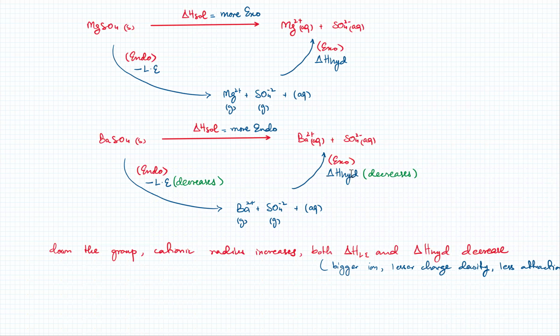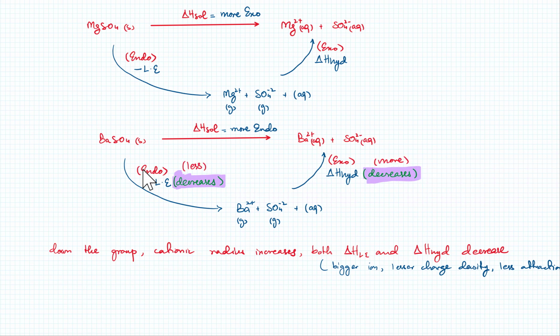But since your enthalpy of solution is becoming more endothermic, and since both of these values are decreasing, the lattice energy as well as the enthalpy of hydration, and down the group it's becoming more insoluble, that means it's becoming more endothermic. So that indicates that the endo part is decreasing less and your exo part is decreasing more in quantity.